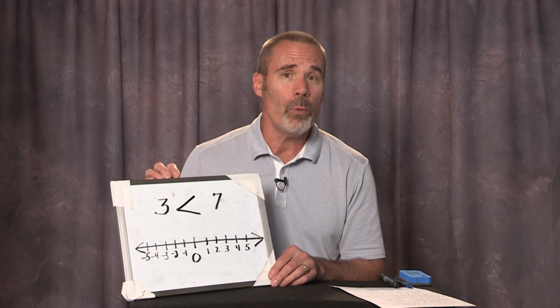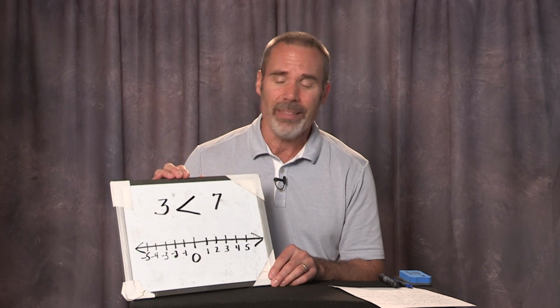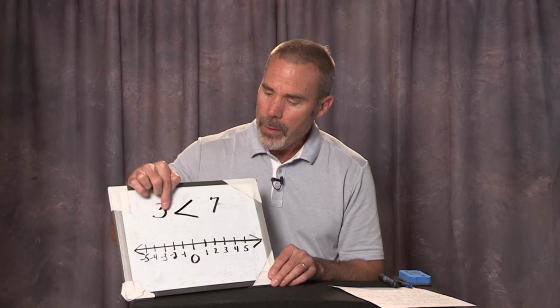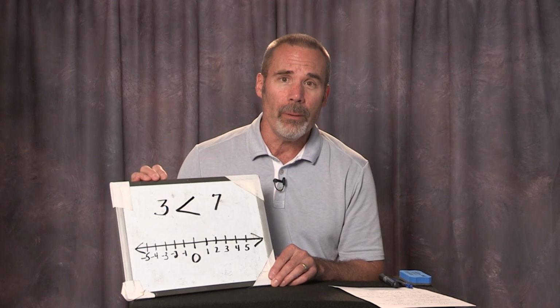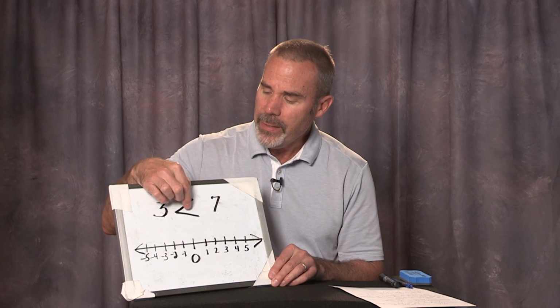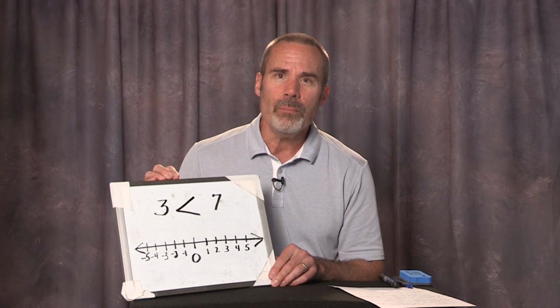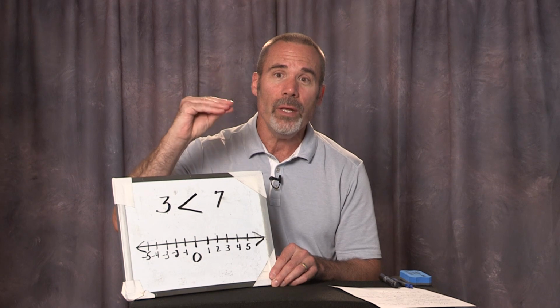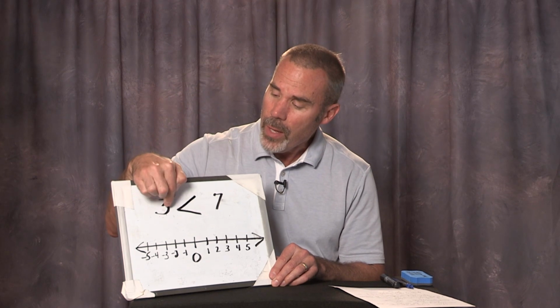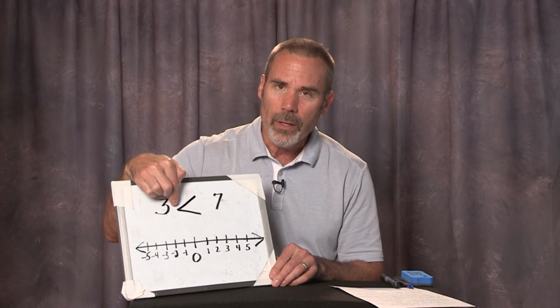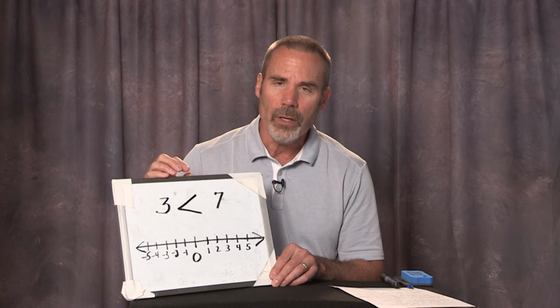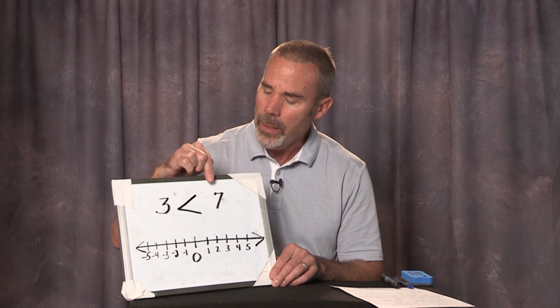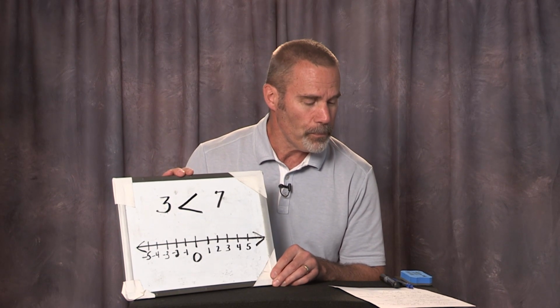There are lots of clever ways to remember this, but I like to think of the little number as eating the larger number. If you put some little teeth inside this symbol right here, you could think of the 3 eating the 7. So the little number goes over here, larger number goes over here. And again, the little number eats the larger number.